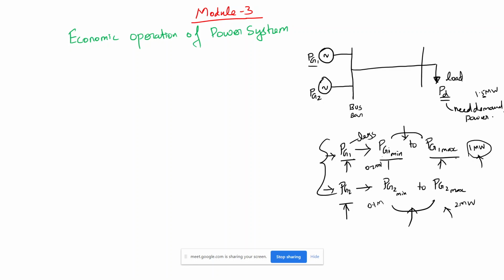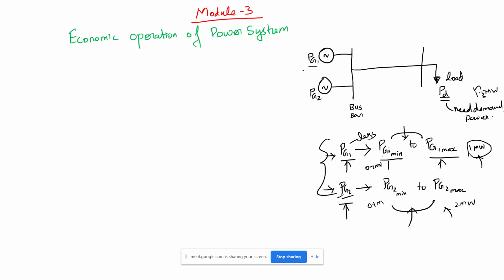If instead you operate only generator 2, the demand will be satisfied, but the cost is too high, since generator 2's cost is very high, and that is not the economic way. So we need a clear idea which generator to turn on to meet this demand within the constraint limits, while also minimizing the cost.